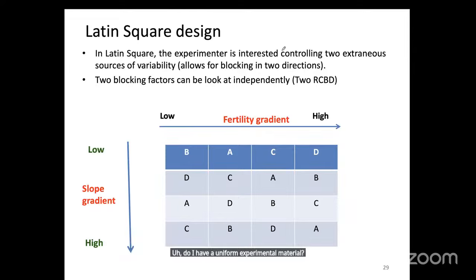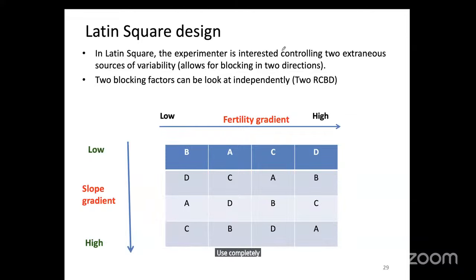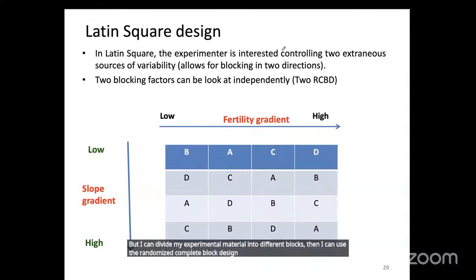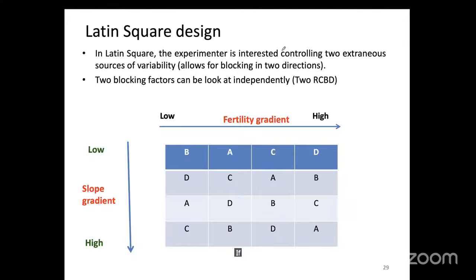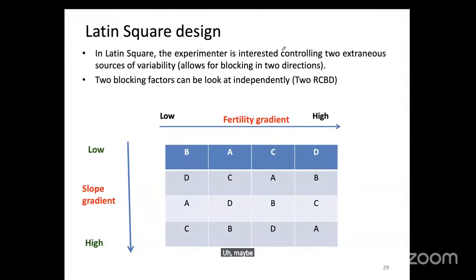If I have a uniform experimental material, then I should be able to use a completely randomized design. If the experimental materials are not uniform, but I can divide my experimental material into different blocks, then I can use a randomized complete block design under a certain condition. If I need to block in two conditions, we're going to see what a Latin square is. We're going to provide you some additional information on experimental design along the way.